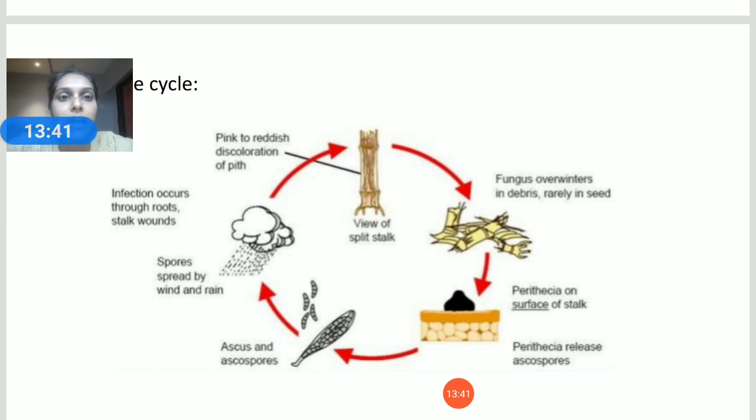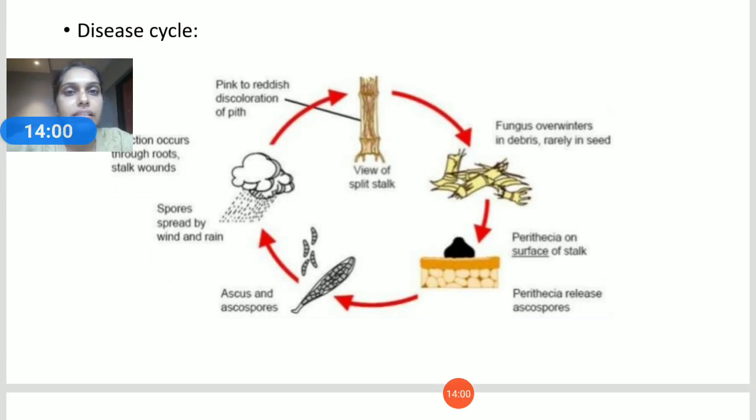After that, the asci and ascospores are formed. In the rainy season, infections occur through the roots, stalks, and wounds, and the pink or reddish color is absorbed into the pith. So that is the disease cycle.